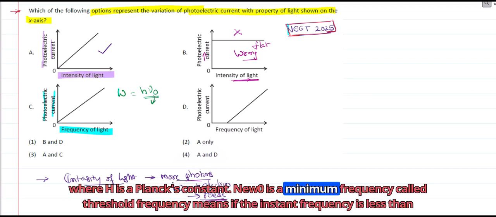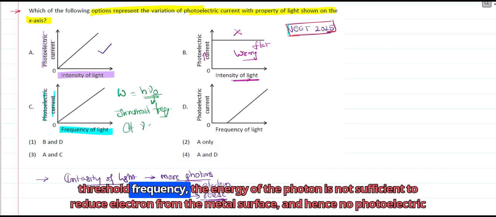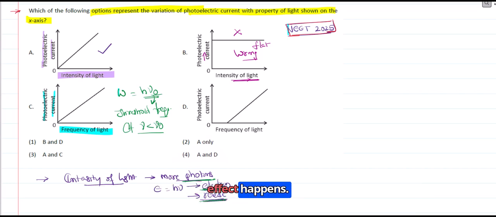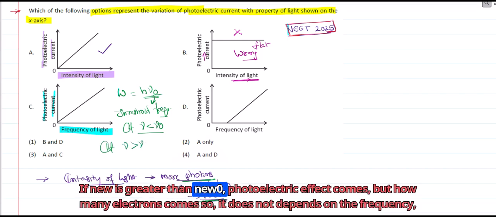Nu naught is a minimum frequency called threshold frequency. It means if the incident frequency is less than threshold frequency, the energy of the photon is not sufficient to release the electron from the metal surface, and hence no photoelectric effect happens. If nu is greater than nu naught, photoelectric effect comes.